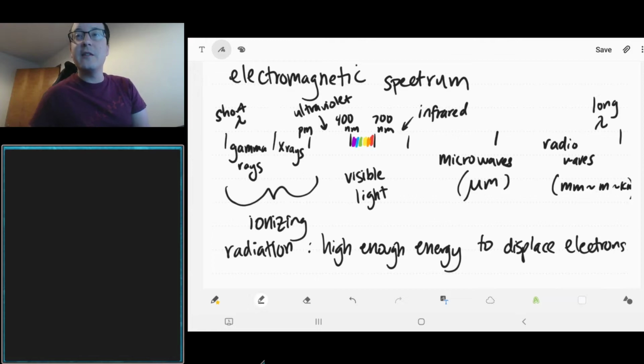These waves of light, these X-rays and gamma rays, and sometimes your UV, can be high enough energy to kick out electrons. That's why solar panels are designed to absorb UV light, something that has high enough energy to kick electrons out. And when those do, those electrons can flow around and create electricity for us. So we have this ionizing radiation towards the short wavelength end.